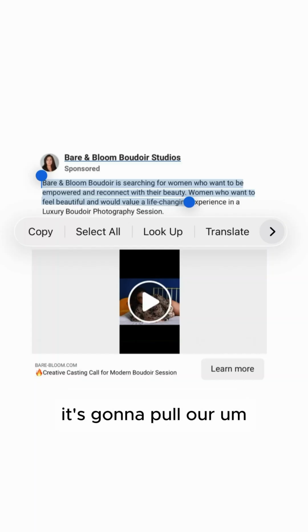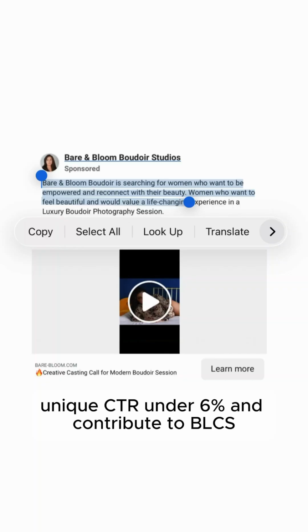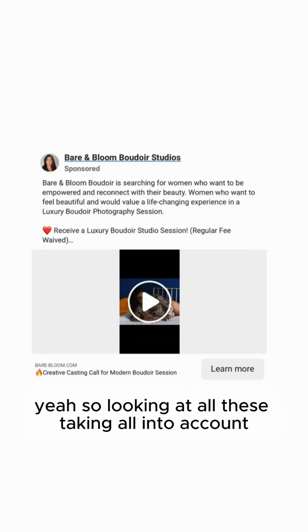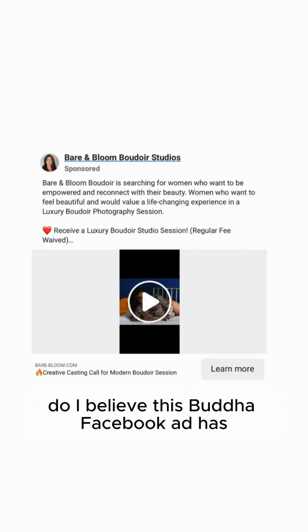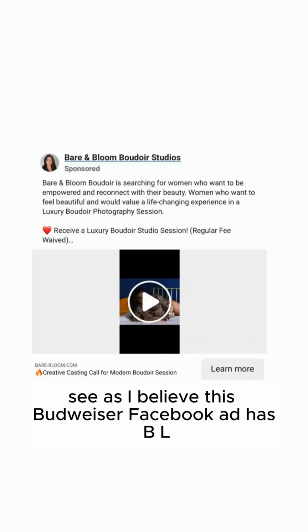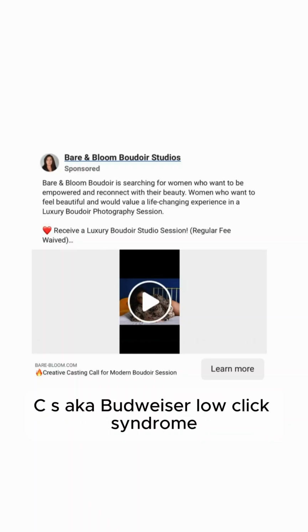It's going to pull our unique CTR under 6% and contribute to BLCS, Boudoir low click syndrome. So taking all this into account, do I believe this Boudoir Facebook ad has a unique CTR under 6%? Yes, I do. So yes, I believe this Boudoir Facebook ad has BLCS, aka Boudoir low click syndrome.